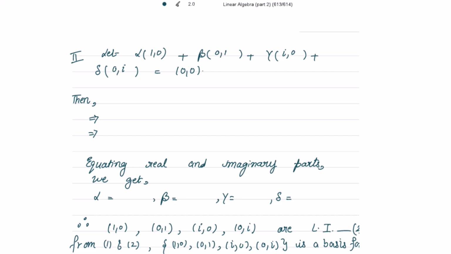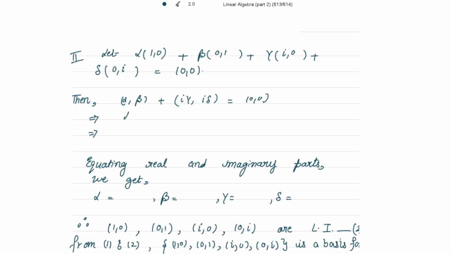Okay, let me multiply this now. This is (alpha, beta) plus (i gamma, i delta). Yes, if you add these you will get this. So this is equal to (0, 0).